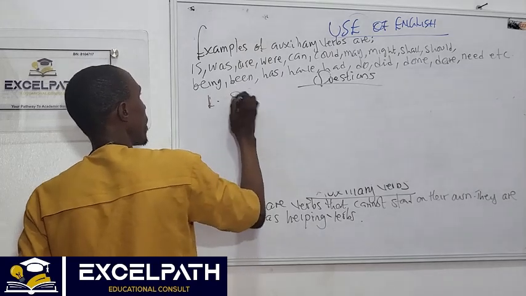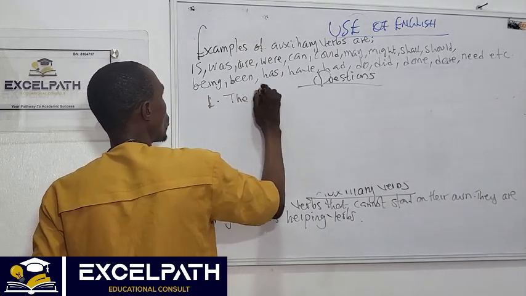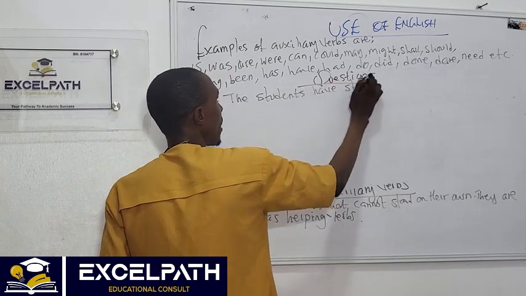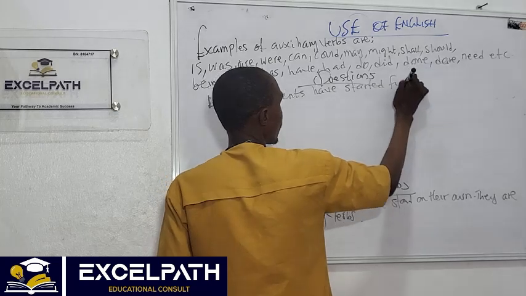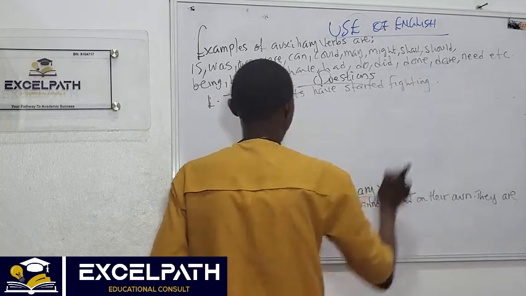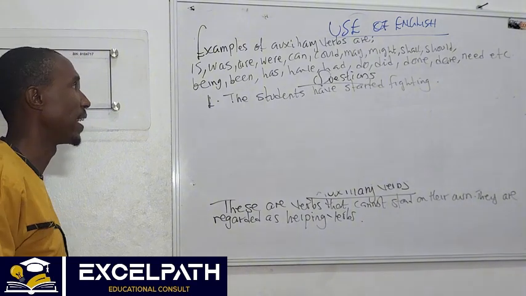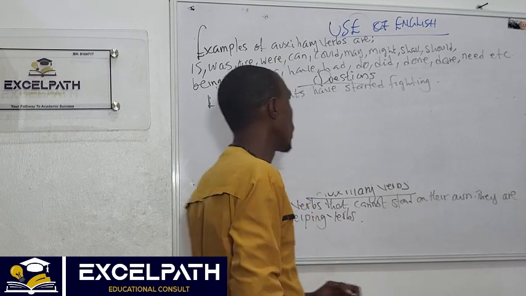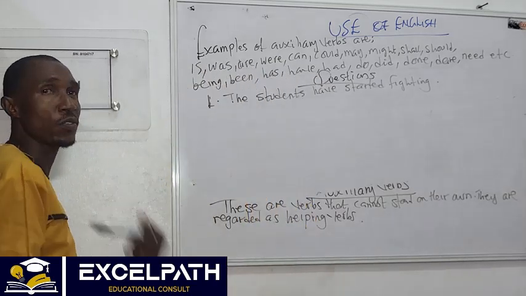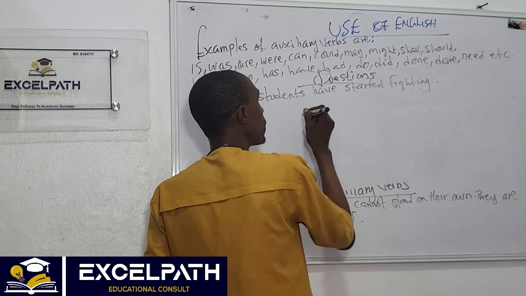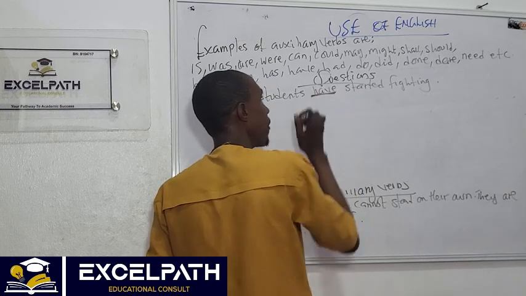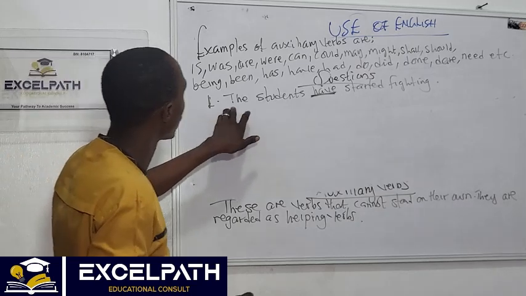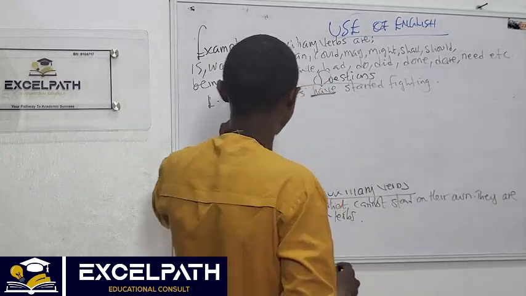Number one, the students have started fighting. The students have started what? Fighting. You are asked to supply a question tag to this statement. The first thing you ask yourself is, what is the auxiliary verb there? The auxiliary verb there is have. Two, ask yourself, is this statement positive or negative?